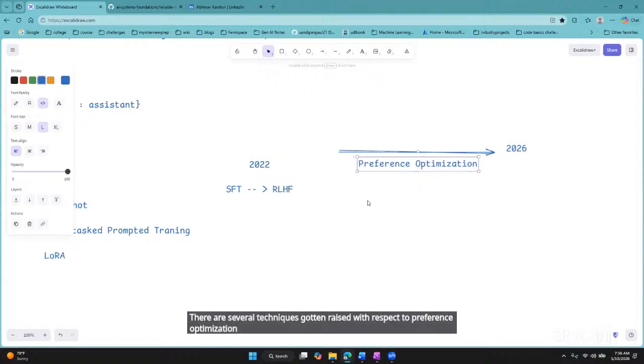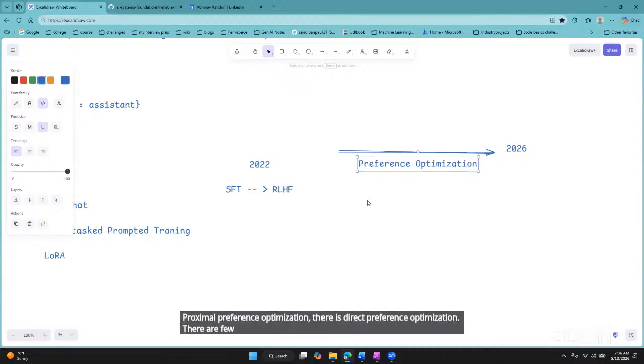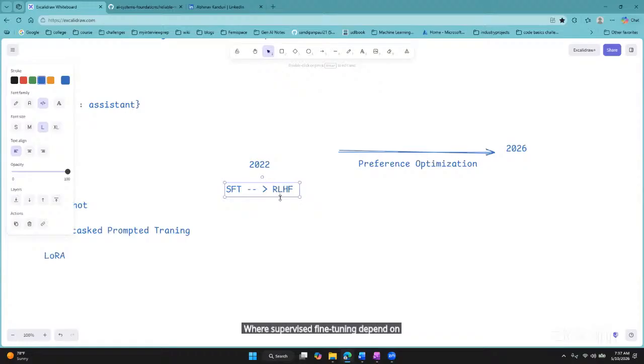There are proximal preference optimization and direct preference optimization. There are a few other techniques which come under preference optimization, which fall underlying under SFT, supervised fine-tuning, where supervised fine-tuning depends on reinforcement learning human feedback, and then preference optimization comes into the picture.